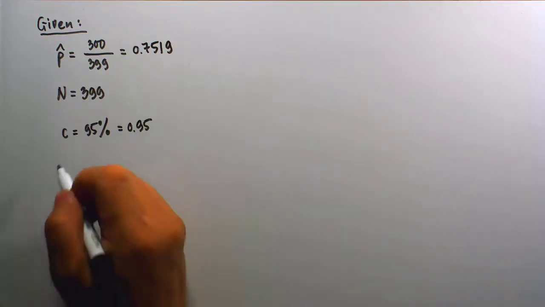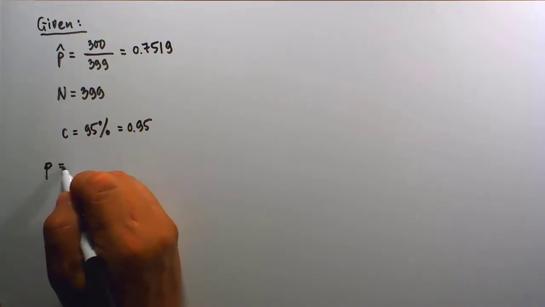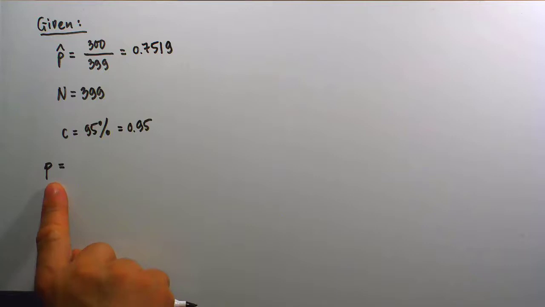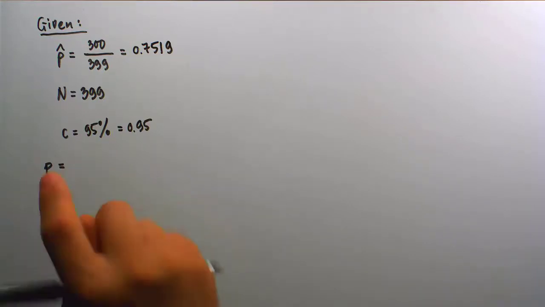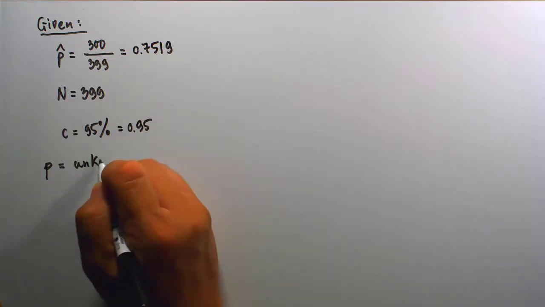And of course, in this case we're estimating the true proportion of iPhone users, which means the population proportion p, the non-hat version, is unknown, and that's the whole point of estimating it.